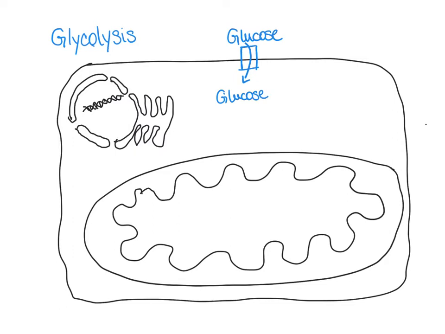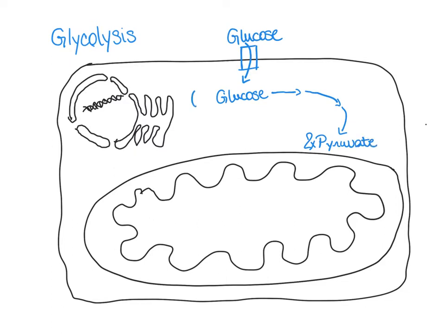And what keeps driving glucose from the extracellular space into the cytoplasm of the cell is that there's a concentration gradient, because once glucose gets into the cytoplasm, it is acted on by a variety of different enzymes, ultimately which will produce the molecule or two molecules of pyruvate.